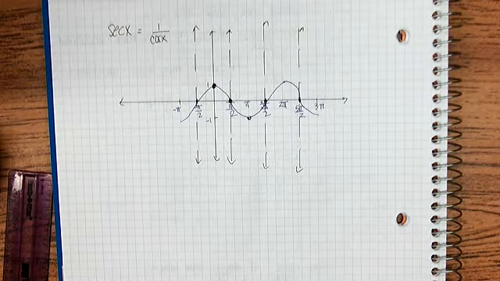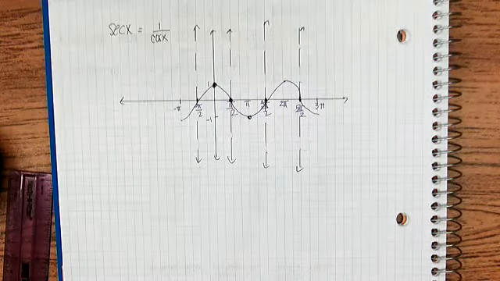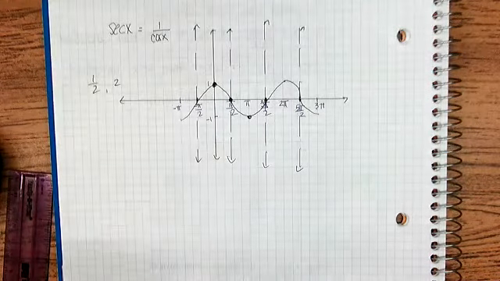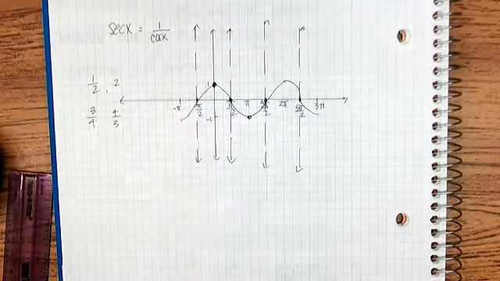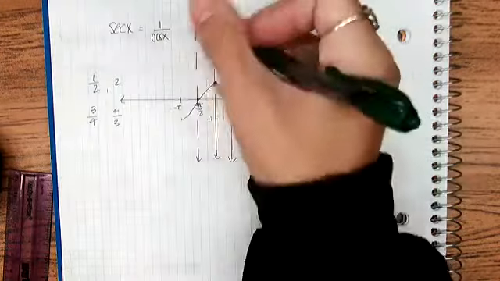This is not going to sound super mathematical, but when you take the reciprocal of something, you flip the fraction, right? If the fraction is 1/2, the reciprocal is 2. If the fraction is 3/4, the reciprocal is 4/3. So I'm going to flip the graph.